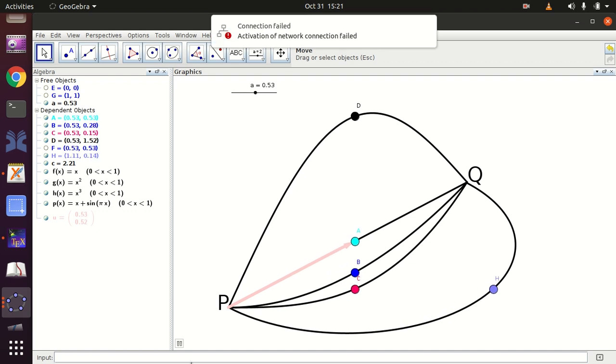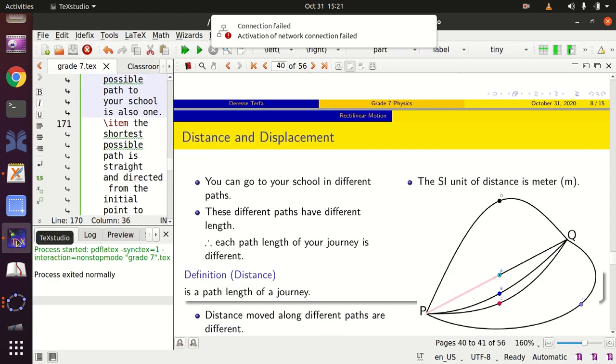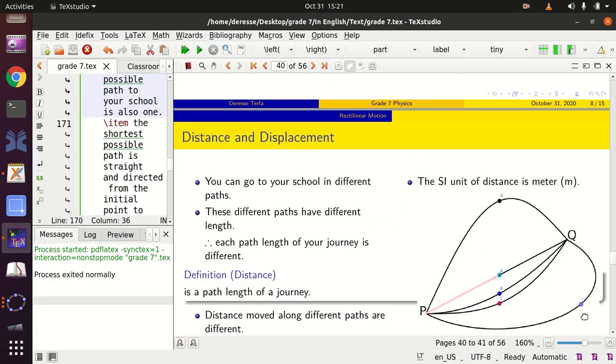Therefore, distance is path dependent. In this case, the path along H is the longest, and the path along F or E is the smallest.